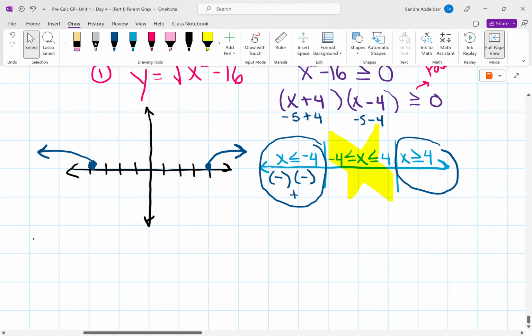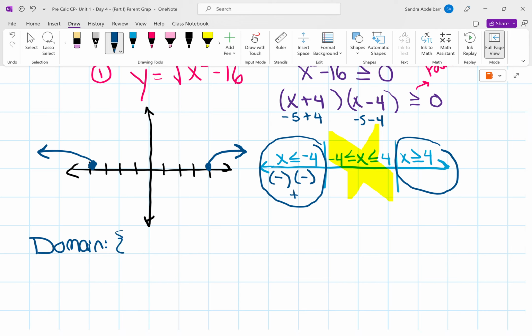Okay, so now our domain is exactly what we found: x such that x is less than or equal to -4 or x is greater than or equal to 4.